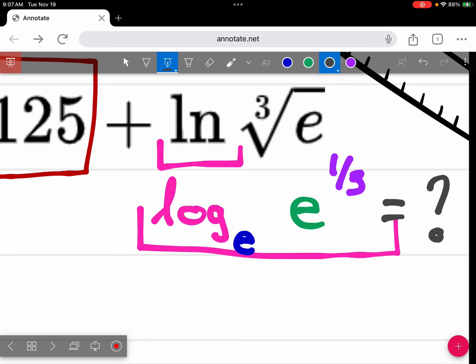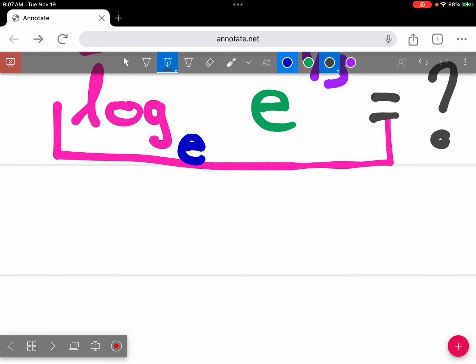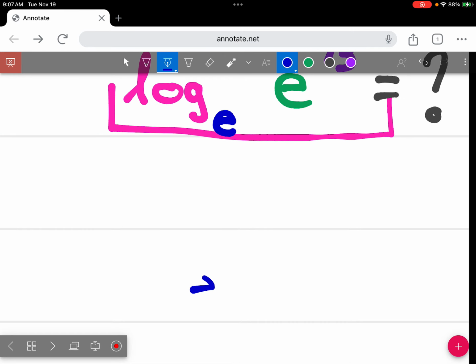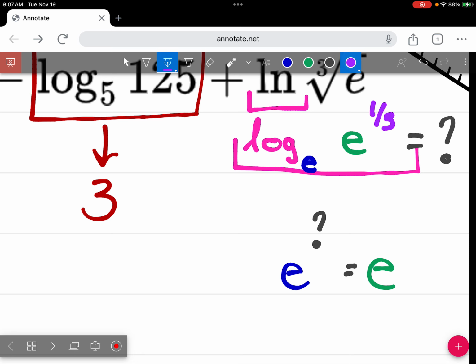Equals some number. So if we switch this around, base of e to some power, question mark, equals e to the 1/3. This is one chunk. So what does the question mark have to be for e to the something to equal e to the 1/3?